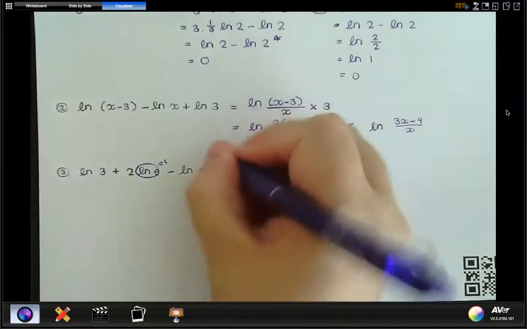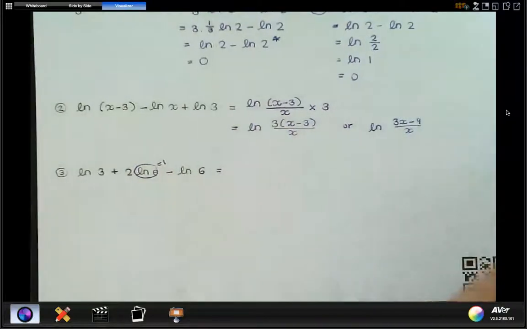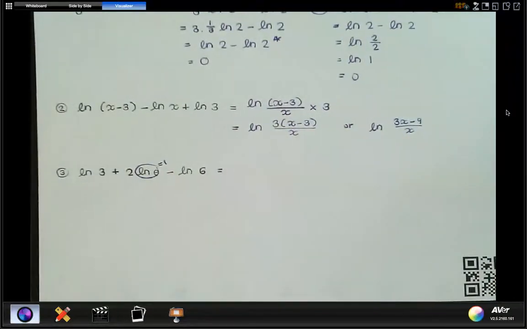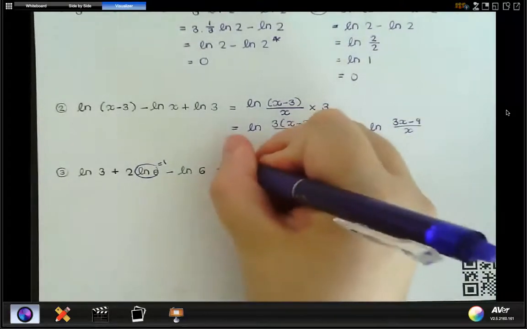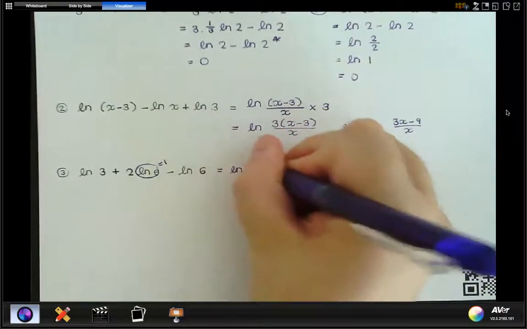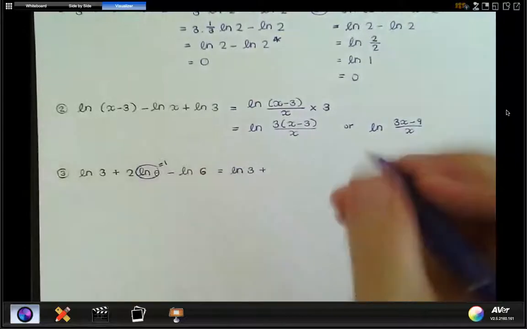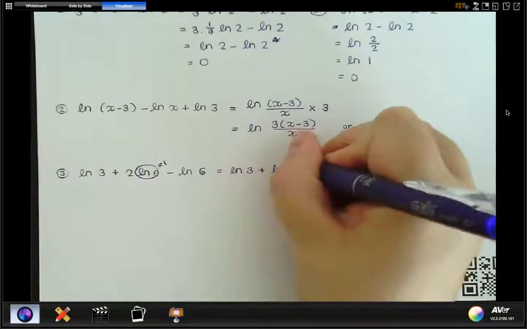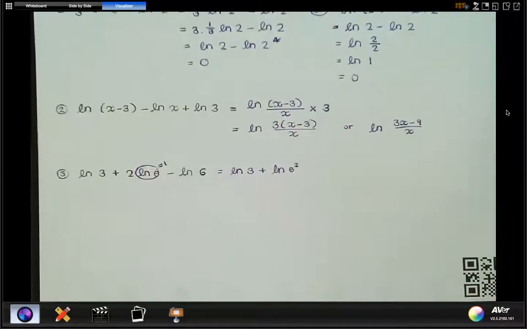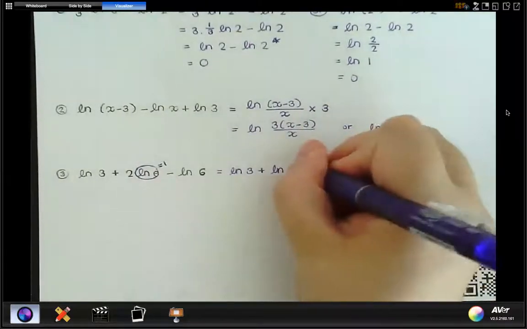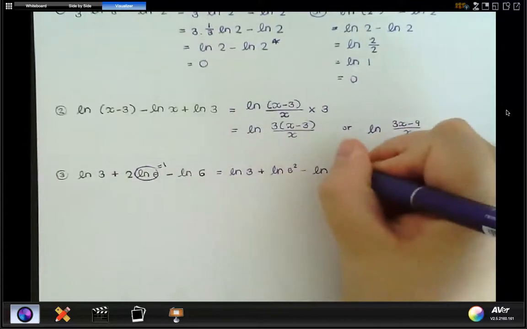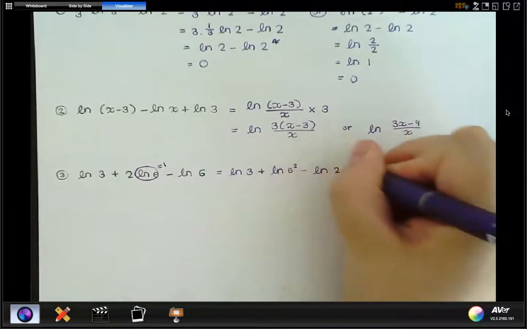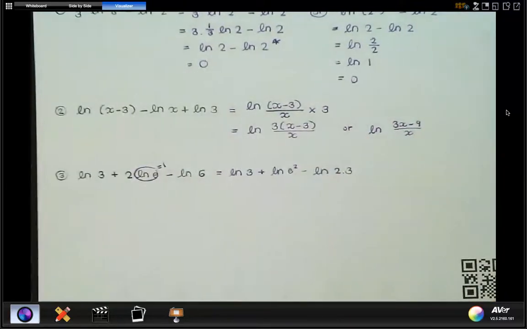So what we're going to do here, let's see, we need to try and get all of these to the same or a similar log. So I'm going to write ln of 3 plus, now to get rid of that 2 in front, let's do ln of e squared, right? And then minus ln of 2 times 3. That could help me simplify slightly.